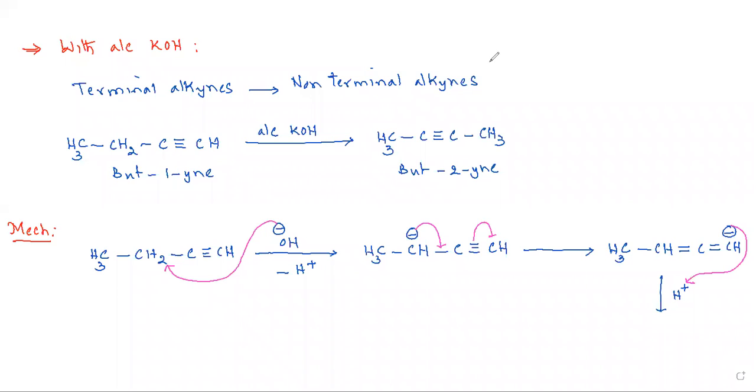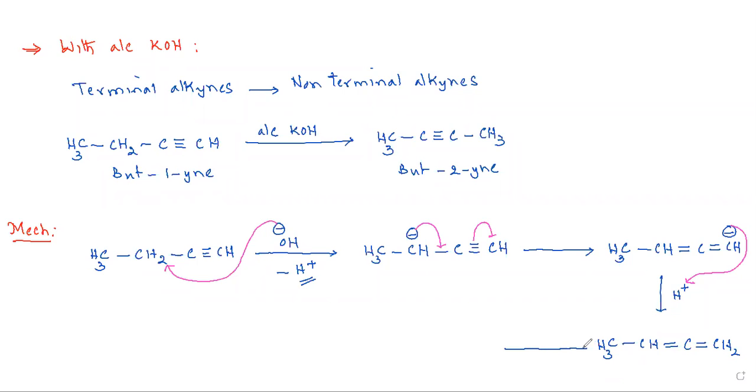But because we are in basic medium, we are considering the same H plus what has been abstracted in the beginning. I mean OH minus and this H plus combined to form water. From that I am taking a H plus. Okay, so H plus. Then this will be like CH3, CH, double bond C. Then this of course is CH. Okay.